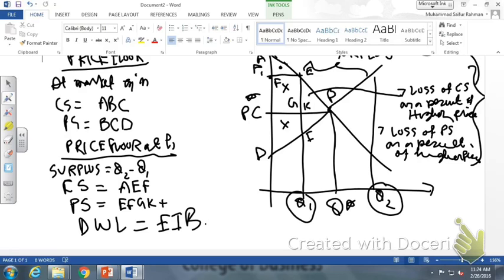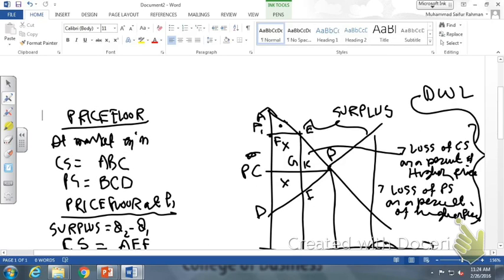Now, the critical question that I now want to talk about is as a result of this price floor, there is clearly a surplus in production. The economy produces more than it can sell. Can it tell us something about economic efficiency?